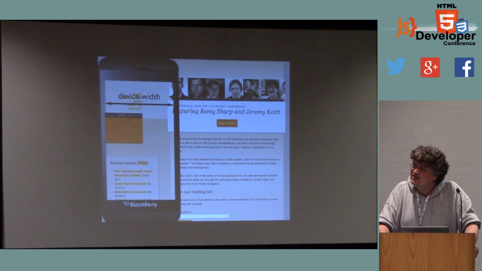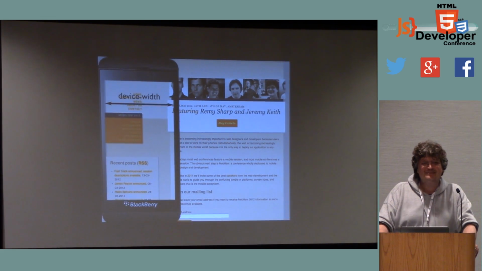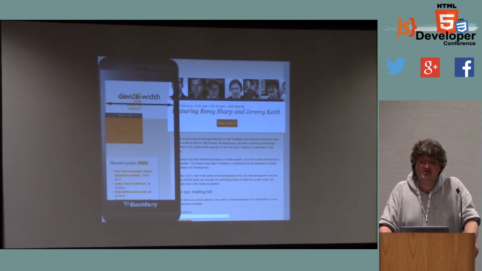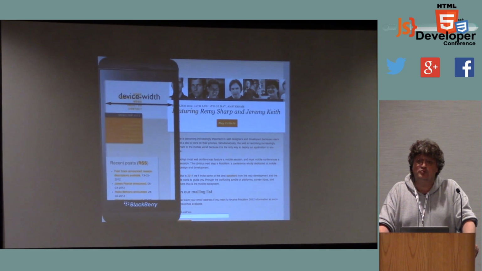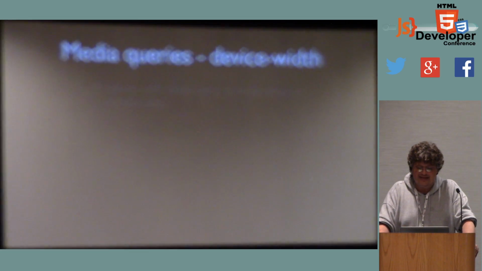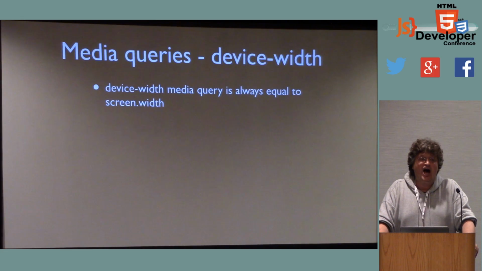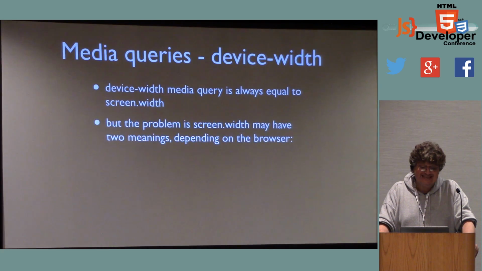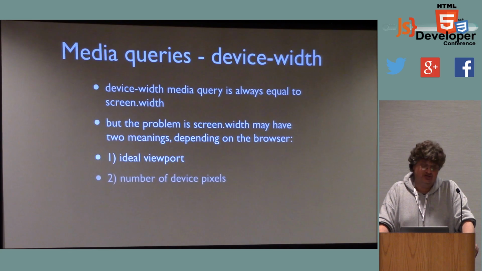On mobile, it also gives you the size of the window, and it may seem at first sight that this is the information we're after. Turns out that it's not, at least not in all browsers. Because what I discovered is that the device-width and device-height media queries are always equal to screen.width and screen.height in all browsers. And as we've already seen, screen.width and screen.height have two competing definitions.